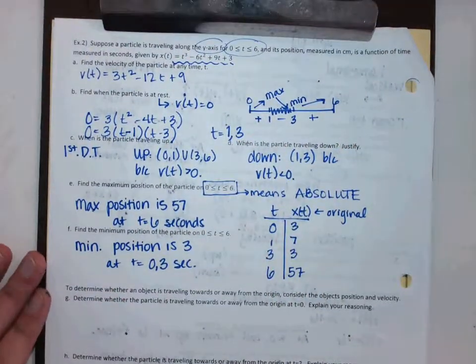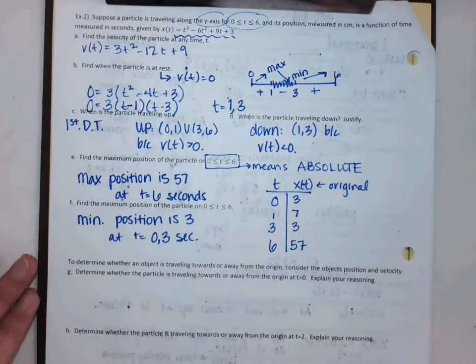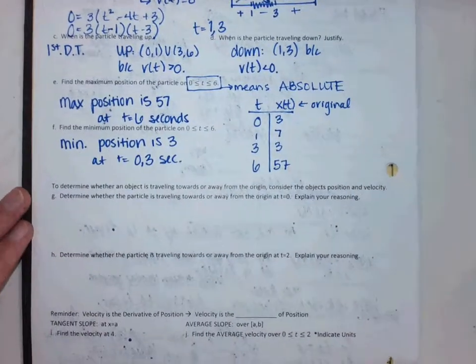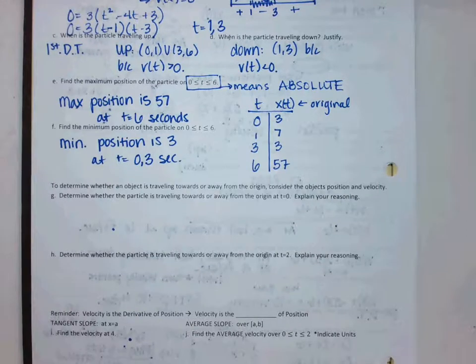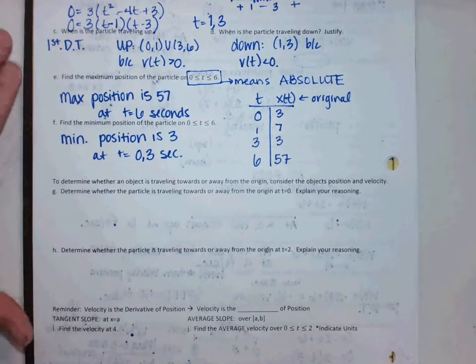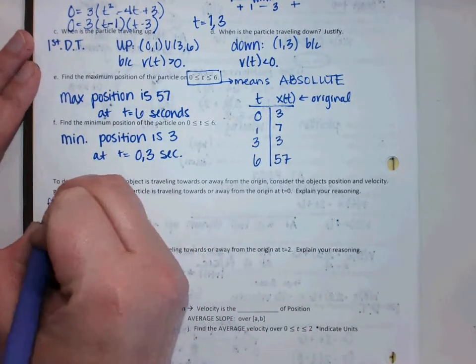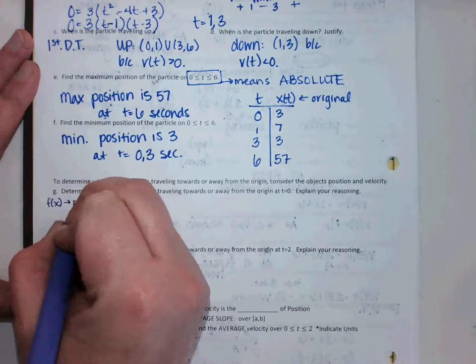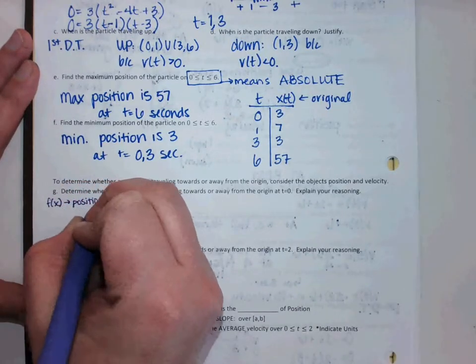Here we go. Okay, so if you were gone on Friday, we are applying the first derivative test to particle motion. So your original f of x is going to be position. This is like a 10-second recap.